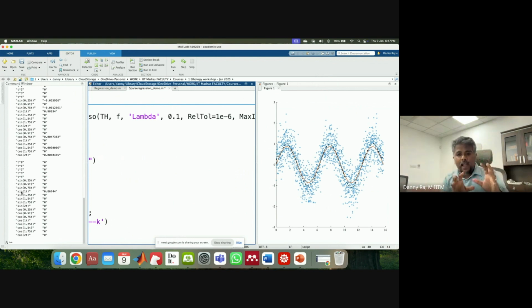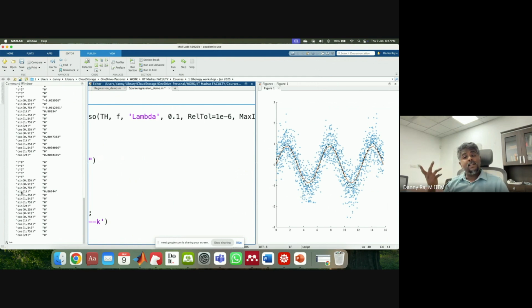The minute you add a regularizer to your optimization problem, it starts to heavily throw out terms that are not important because of the geometrical representation I showed you. Hence, slowly as you tune this parameter lambda, you're able to remove one term at a time and come to a point where you can actually get the term that you're looking for.